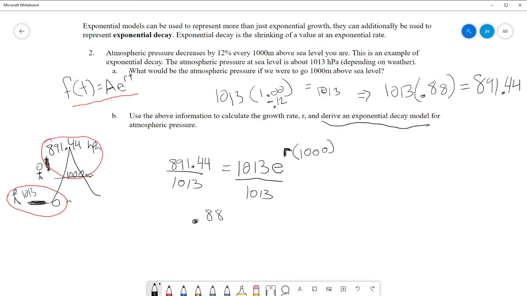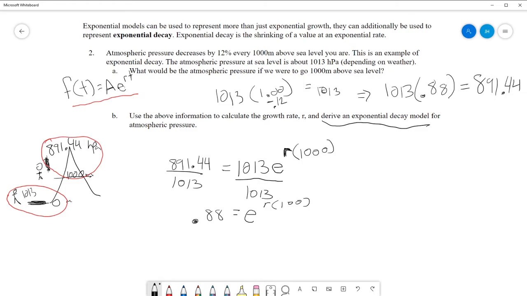Oh, and isn't that interesting, guys? We got 0.88 back because if you think about it, the pressure at 1,000 meters above sea level was supposed to be 12% less than what we started with. So we end up getting 88% as the ratio between them. So 0.88 equals e to the r times 1,000.